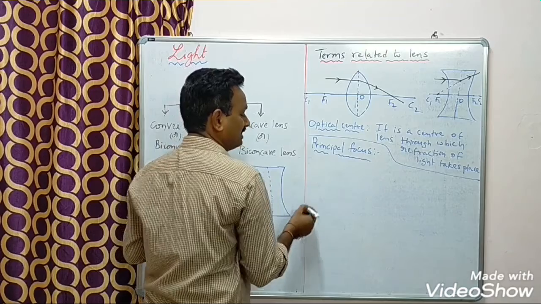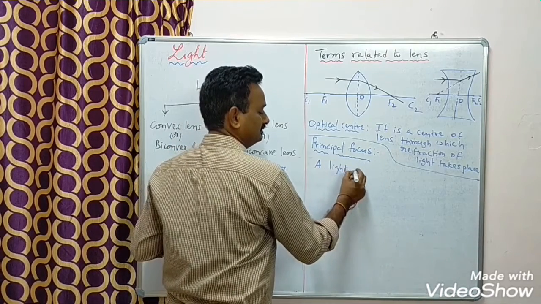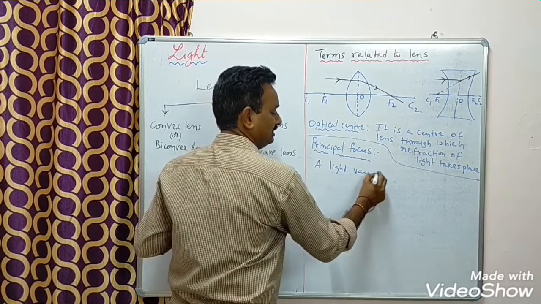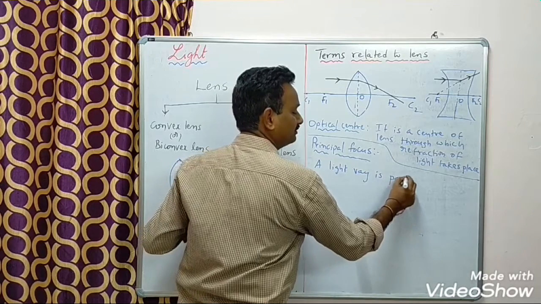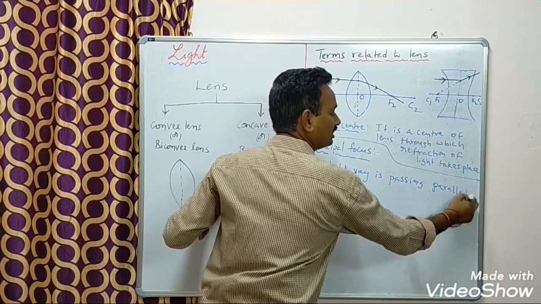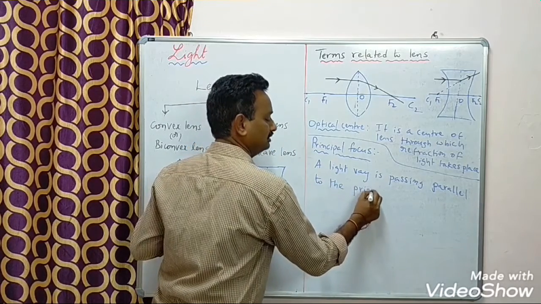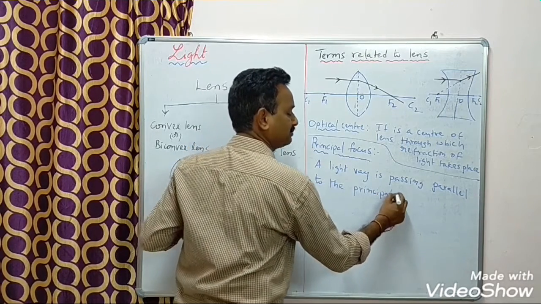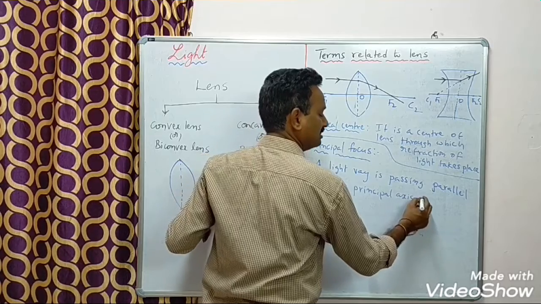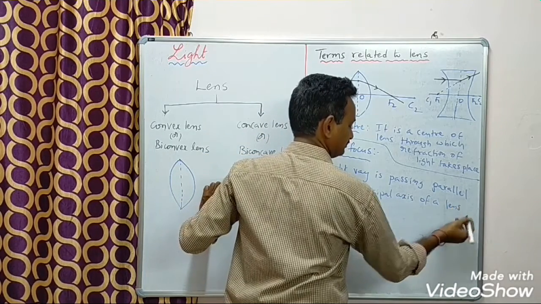What is principal focus here? A light ray is passing parallel to the principal axis of a lens.